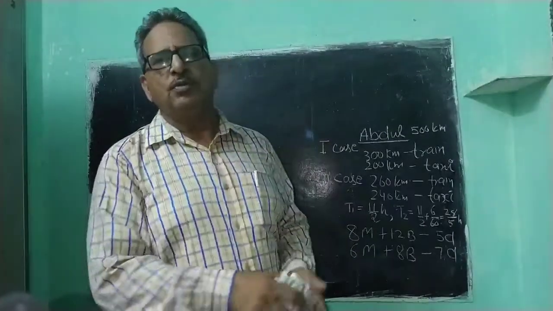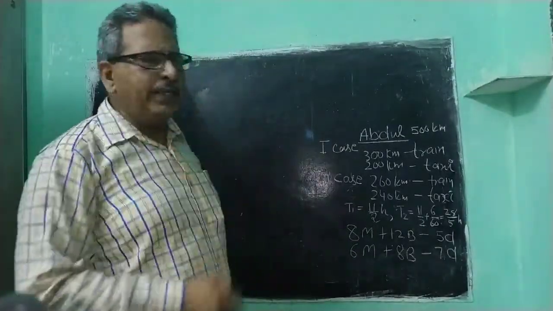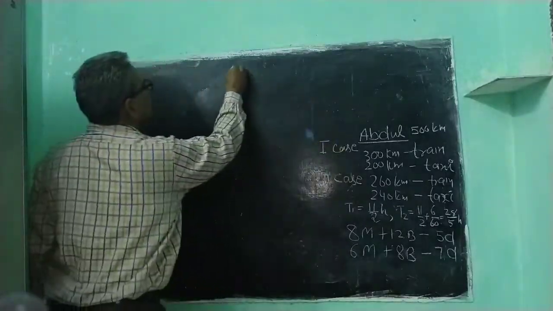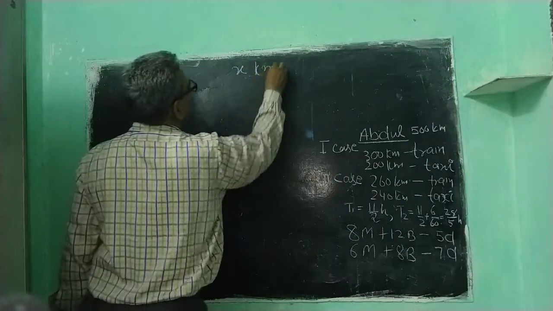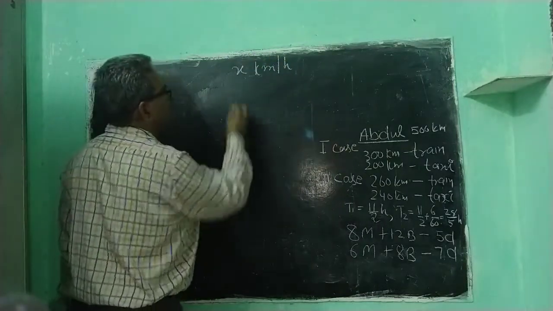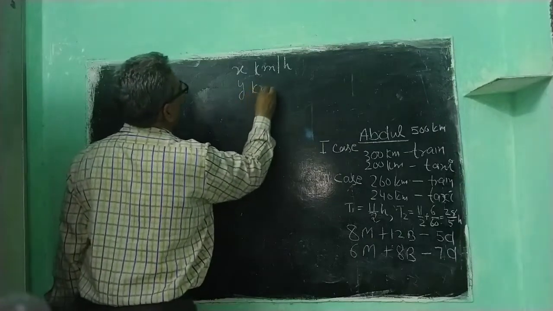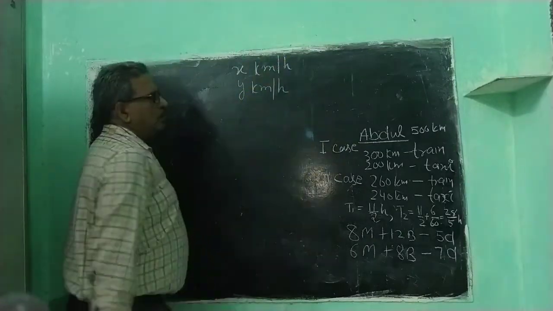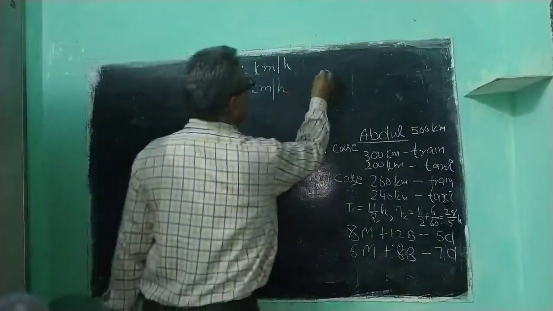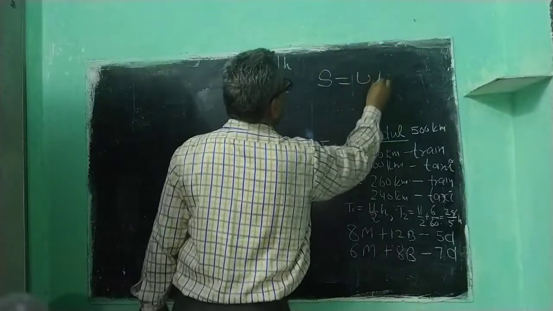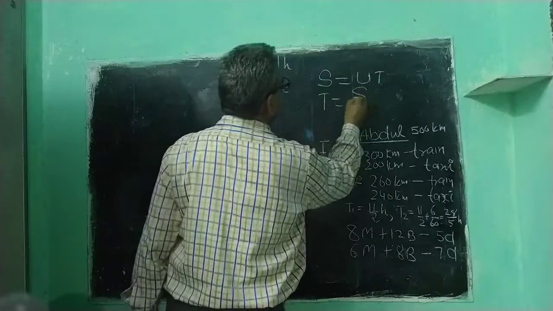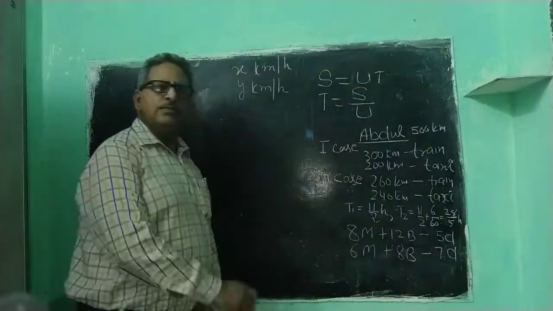So let us do it. How do we do it? Let the speed of the train be x kilometer per hour, and let the speed of the taxi be y kilometer per hour. Using the same formula, s is equal to ut, if we want to get time, it is s upon u.